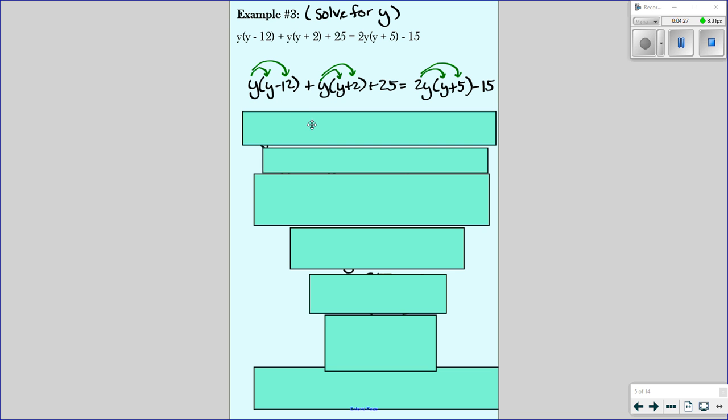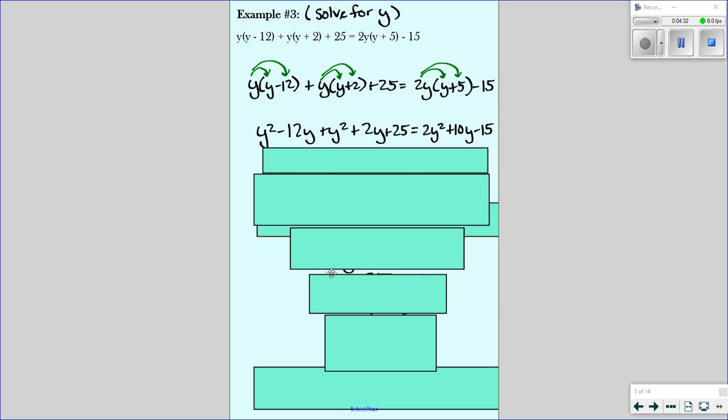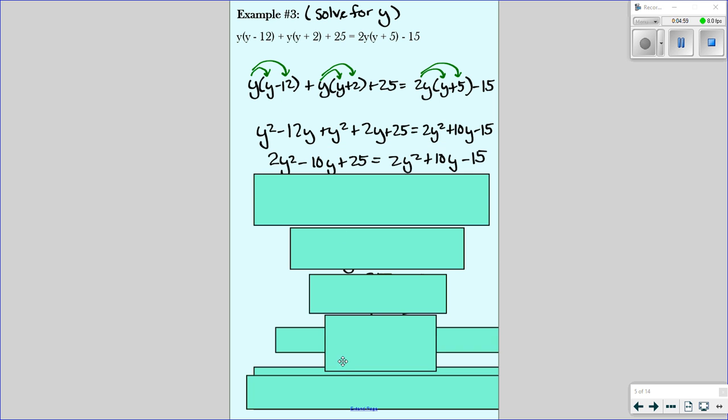Once I do that, following the rules of exponents and multiplying and signs, then I get to the next step. Before I start moving terms to one side, all the y's to one side and then all the coefficients to the other, see if there's any way you can combine like terms. So I notice that there's a y squared here, negative 12y, and then positive 2y. I can combine those two, the y's together, the y squares together.